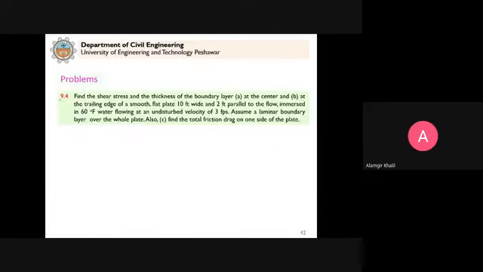Now next we solve our problems. So we have this problem 9.4 from the textbook. To calculate the shear stress and the thickness of the boundary layer at the center and at the trailing edge of a smooth flat plate that is 10 foot wide and 2 feet parallel to the flow, immersed in 60°F water flowing at an undisturbed velocity of 3 foot per second.